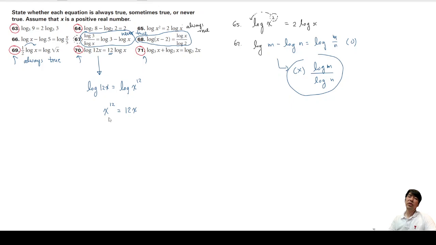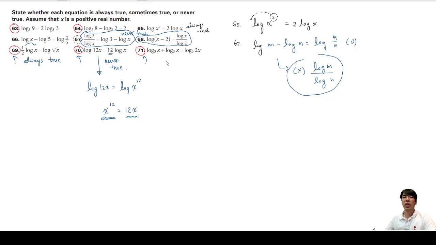As you increase the number, this one gets dramatically bigger than this one. So these two cannot be equal to each other. There's no number that makes these two expressions the same. So it can never be the same. So this is never true.